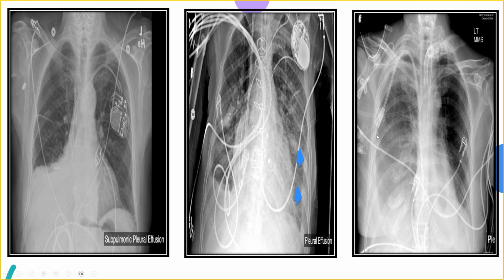Also, if the patient is lying flat and the pleural effusion is quite large, it can present as a generalized haziness of the lung. So there are different ways in which the pleural effusion can present depending on the position of the patient, especially in ITU patients.